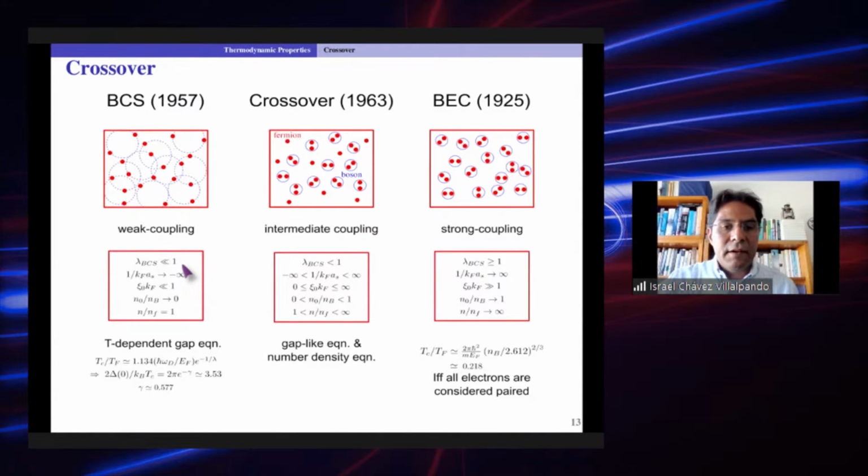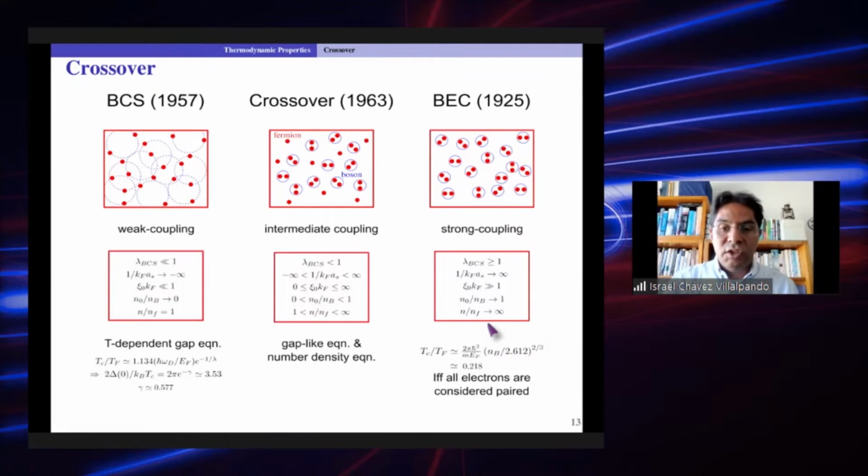So let me present to you this very interesting picture that presents on one hand the BCS regime, namely weak coupling, and on the other hand the strong coupling, namely the BEC theory. You can see that we are using a dimensionless coupling parameter, a dimensionless number density.